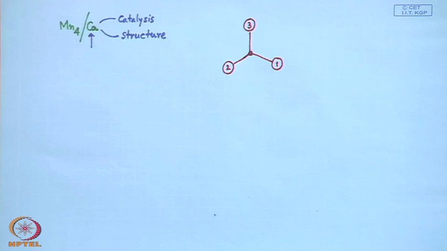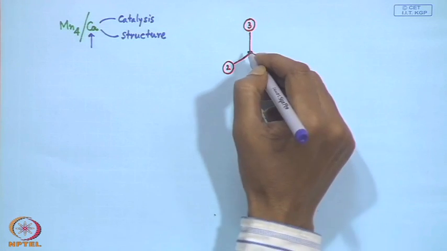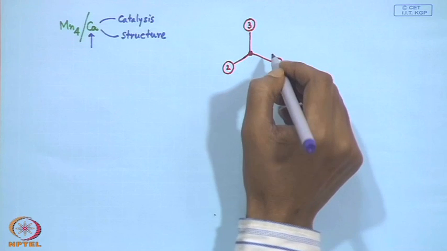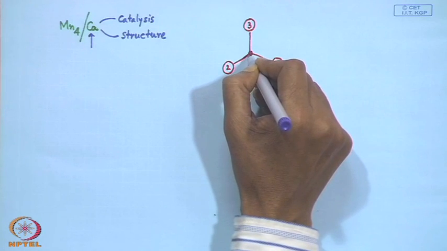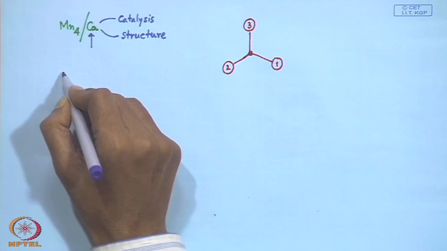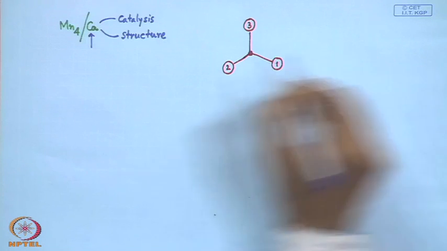So, this particular arrangement gives us something that is not a typical cubane type, cube like arrangement, but this particular one which is there as a mu3 one.